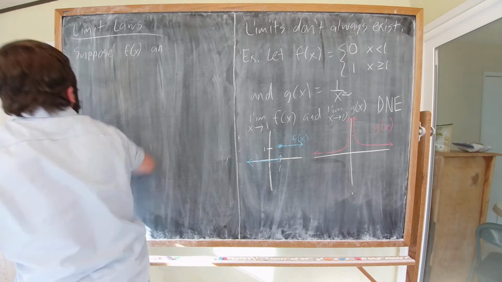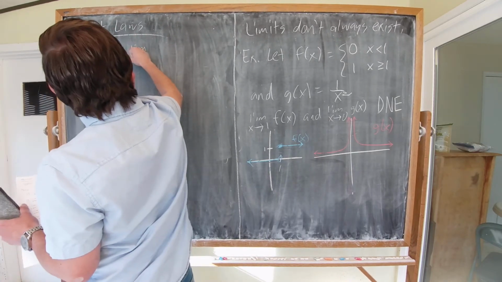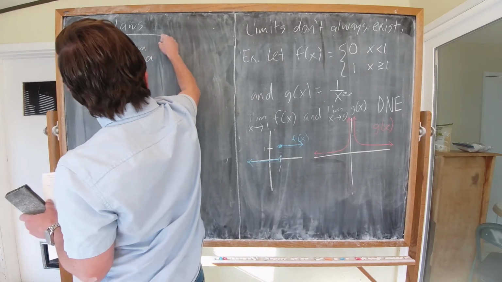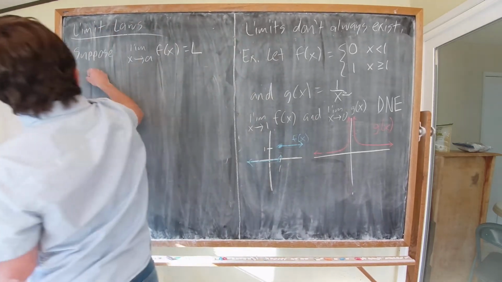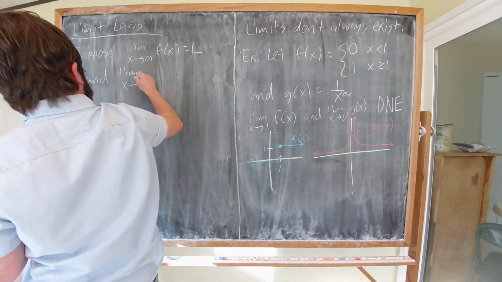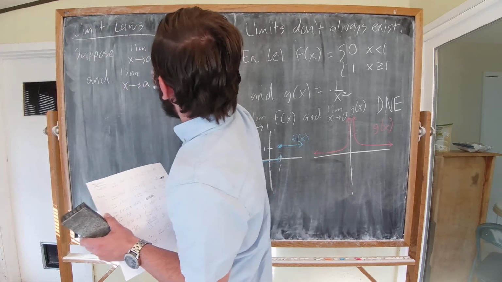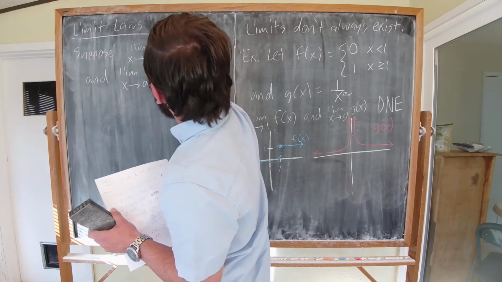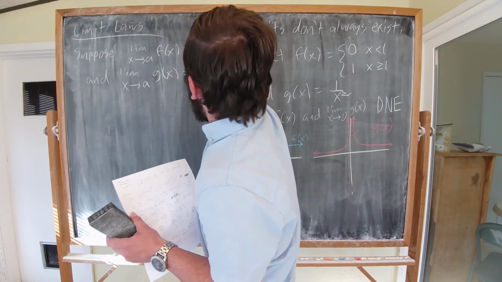Let's suppose that the limit as x approaches a of f of x is L, and the limit as x approaches the same a of g of x is m.